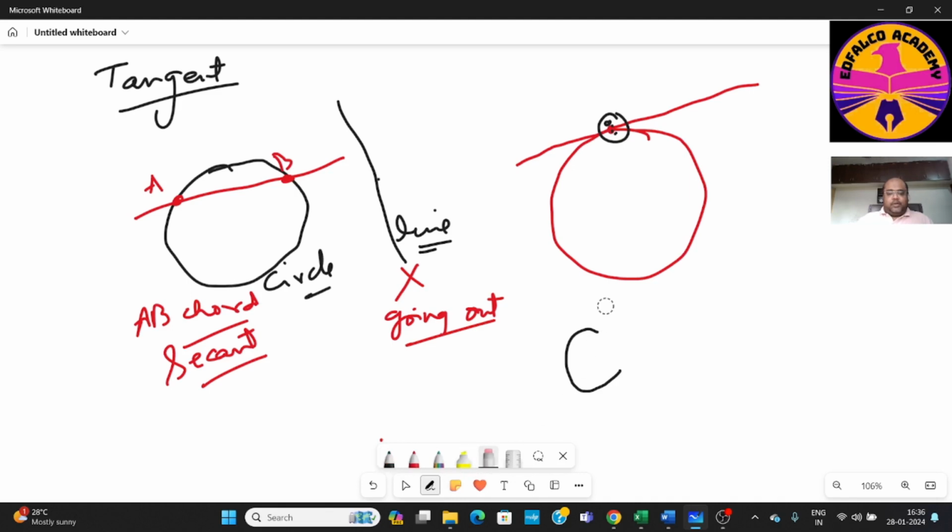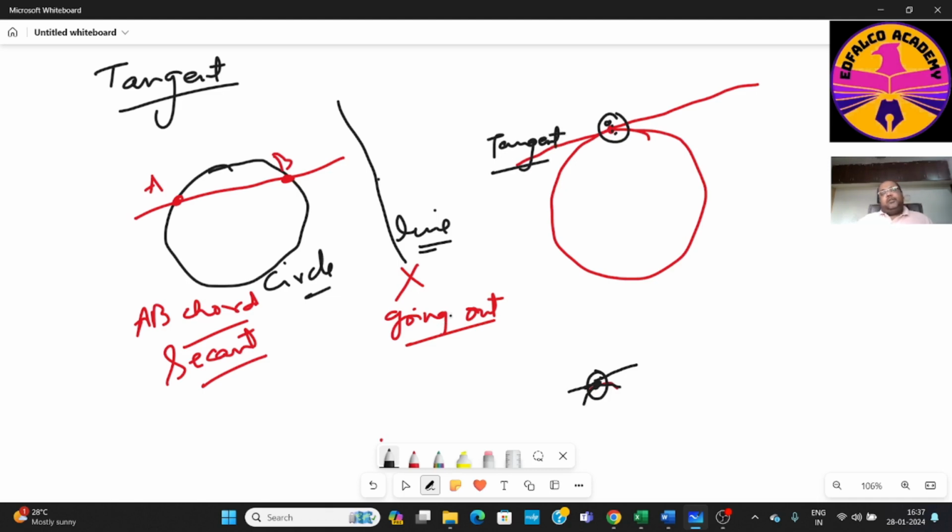If you zoom this, you are talking about a circle, and there will be a circle portion, and there will be a line which is touching it at one point, at this point. So a circle is there and a line is touching it at just one point. If you zoom it and see, that line is basically known as the tangent to the circle, right?